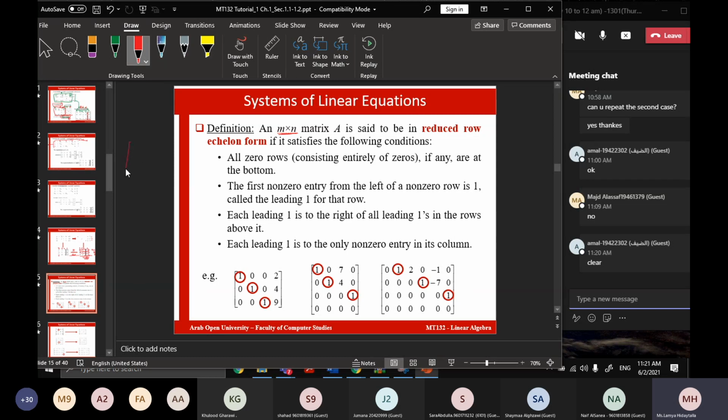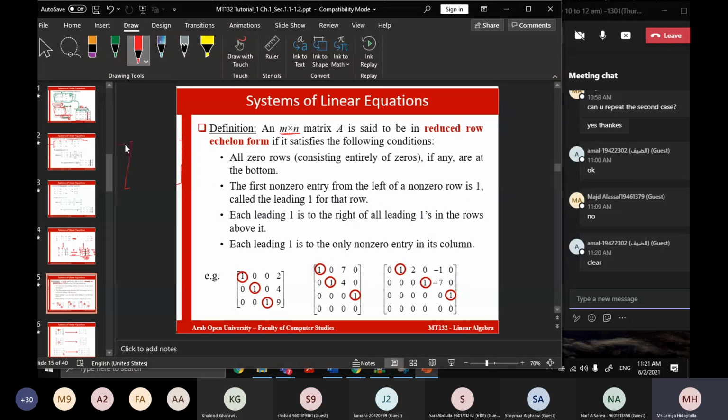Let's take a matrix like that. The first rule: the first non-zero entry in each row should be a 1. So I come to the first row and check what the number is here. If it is 0, leave it and go to the next.